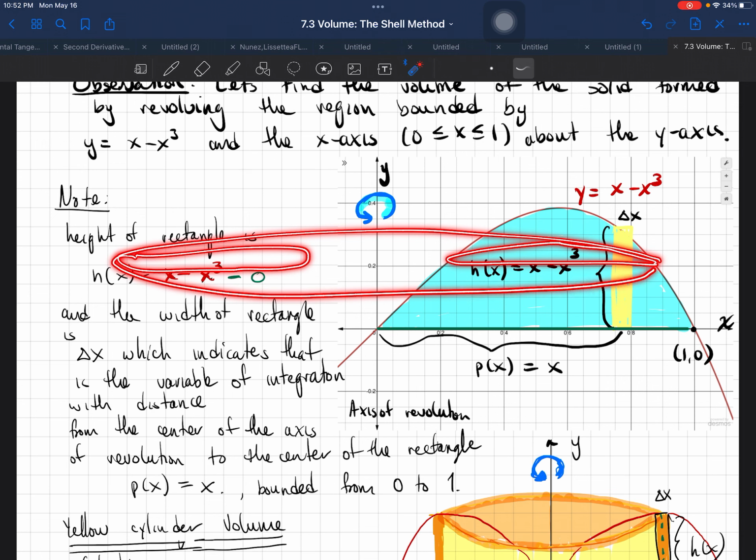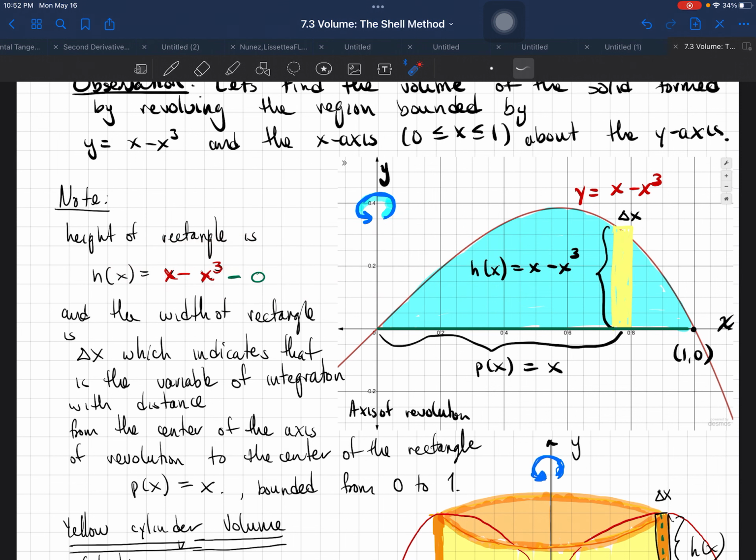We were adding all these washers up and down. This is a different approach. If you notice, that's no longer what we have.